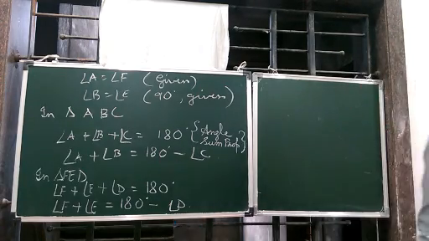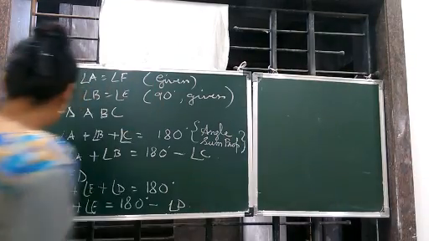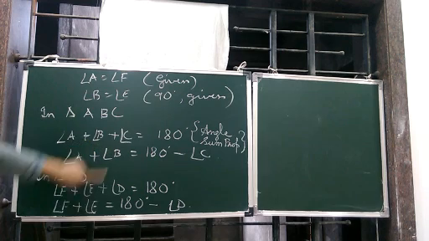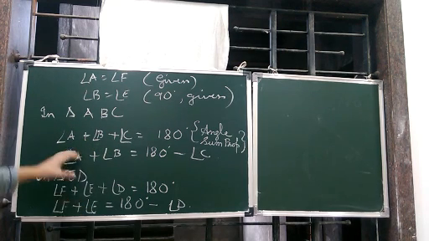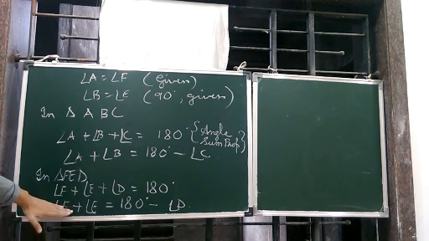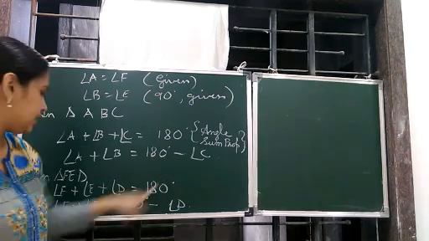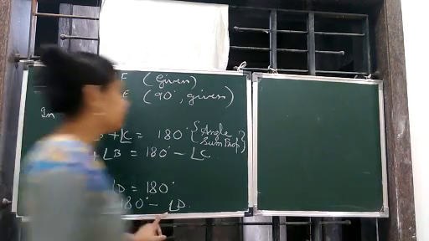Now, since angle A is equal to F and B is equal to E, correct? Means these two LHS are equal. That means 180 degree minus C is equal to 180 degree minus D. Yes?